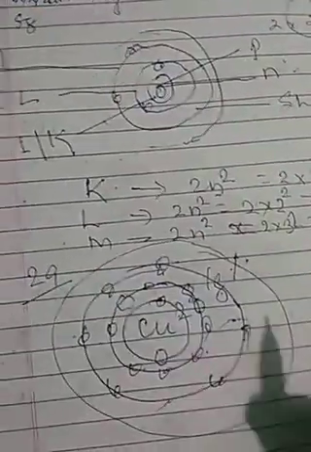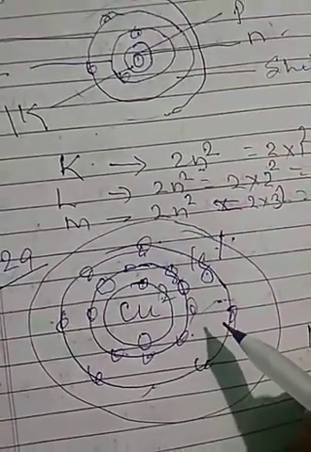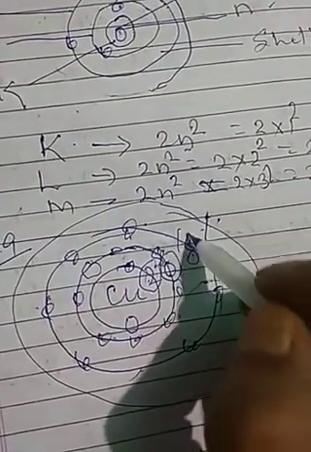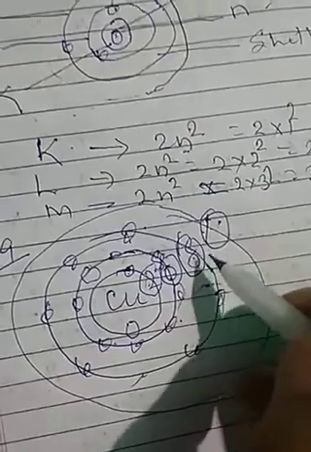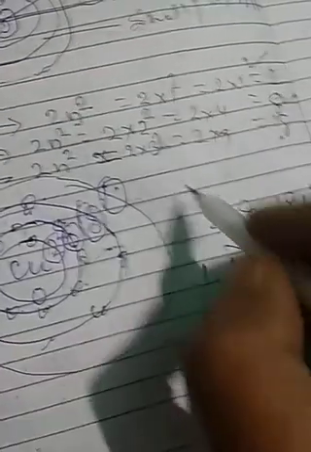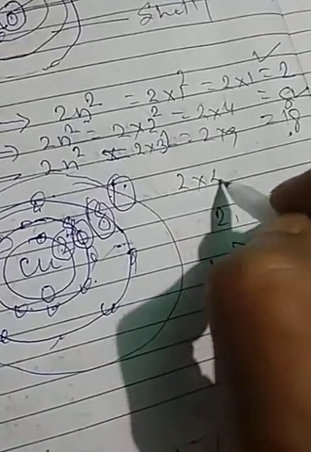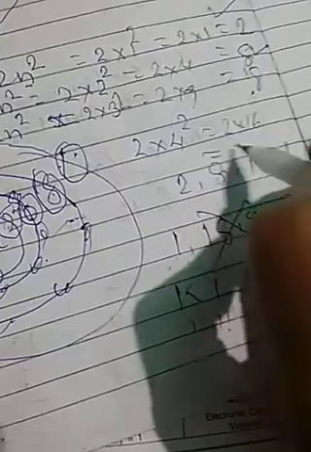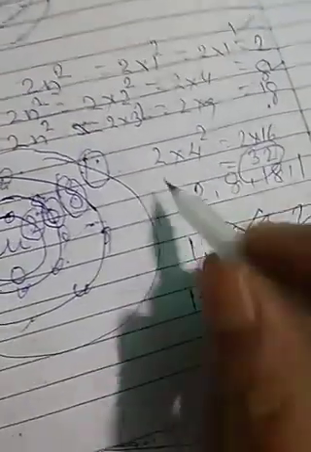See, another concept is that here are 2 electrons, 8 electrons, 18, 1. Though it is the fourth shell, its capacity is what? 2 into 4 square, 2 into 16, that means 32.